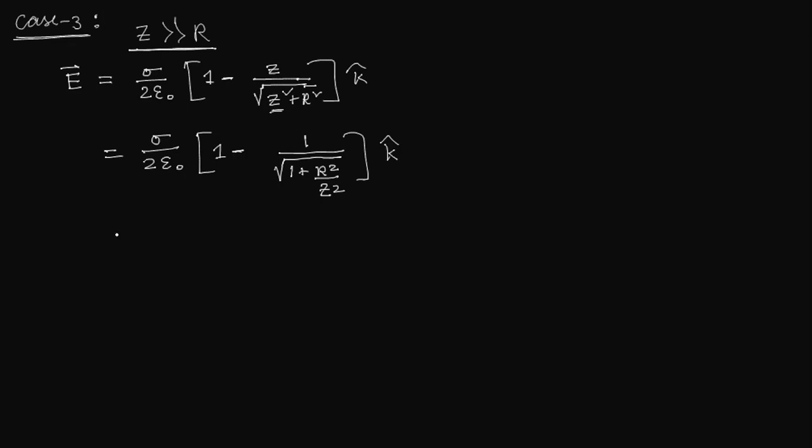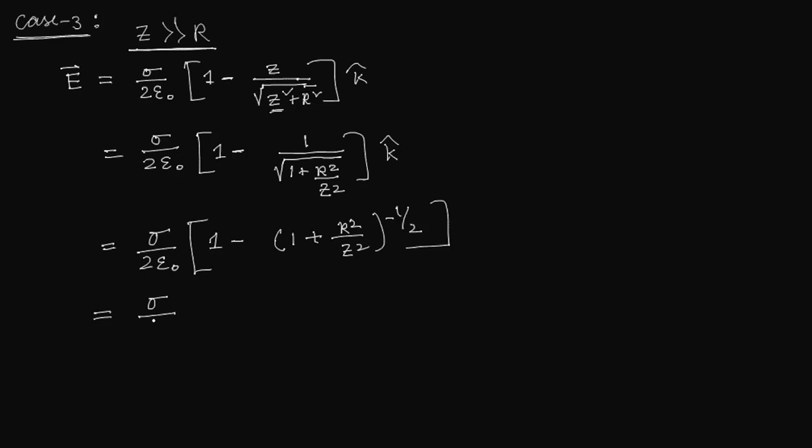If we consider only the first order approximation, then we'll get 1 by 4 pi epsilon naught, 1 minus... first take this term into the numerator, so we'll get 1 plus r square divided by z square whole to the power minus half. Now if we do the binomial expansion and consider only the first order approximation, the power term will multiply here.